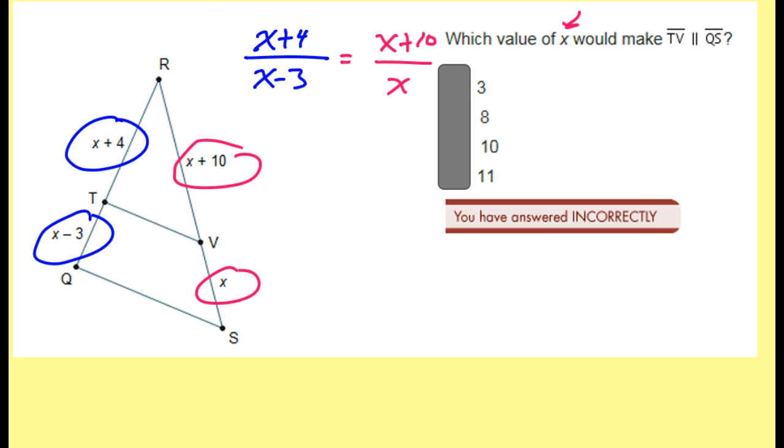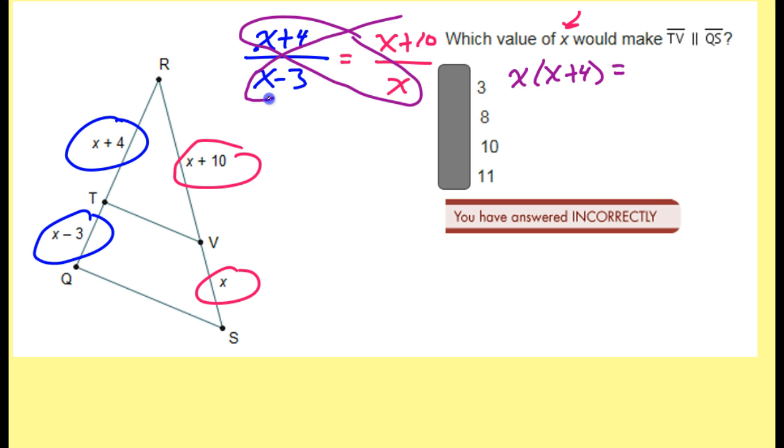I'm going to do what you call cross multiplying, where you multiply these and put them on one side. So I've got x times x plus 4, and then I'm going to do this diagonal: x minus 3 times x plus 10. I've got to solve this out, so a little distributive property here.